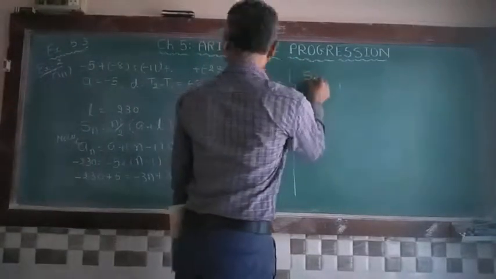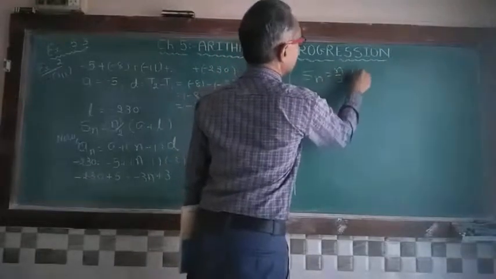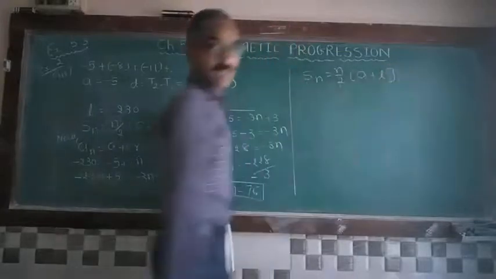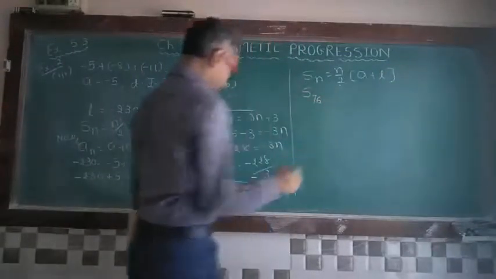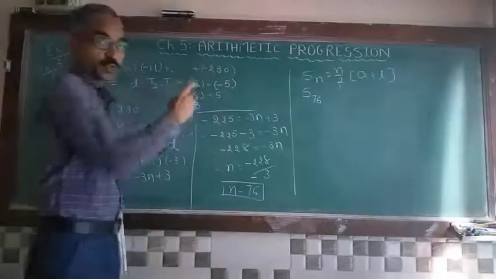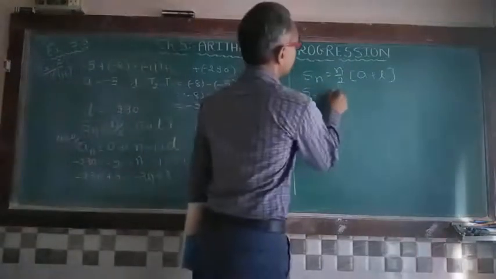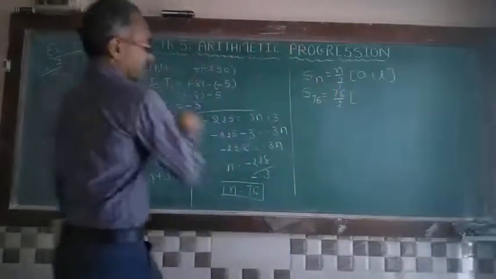See, Sn is equal to n by 2 into a plus l. So here n is 76, because your 76th term is -230. That means here 76 divided by 2, a is your -5.